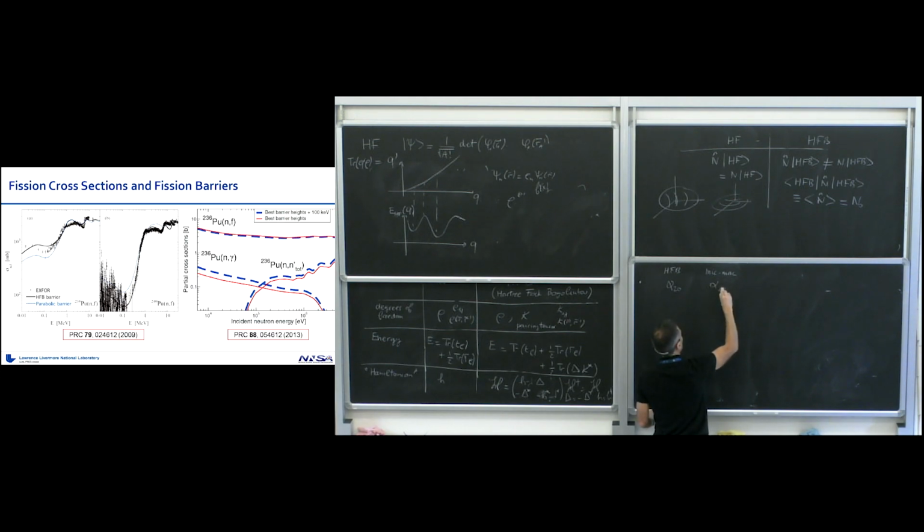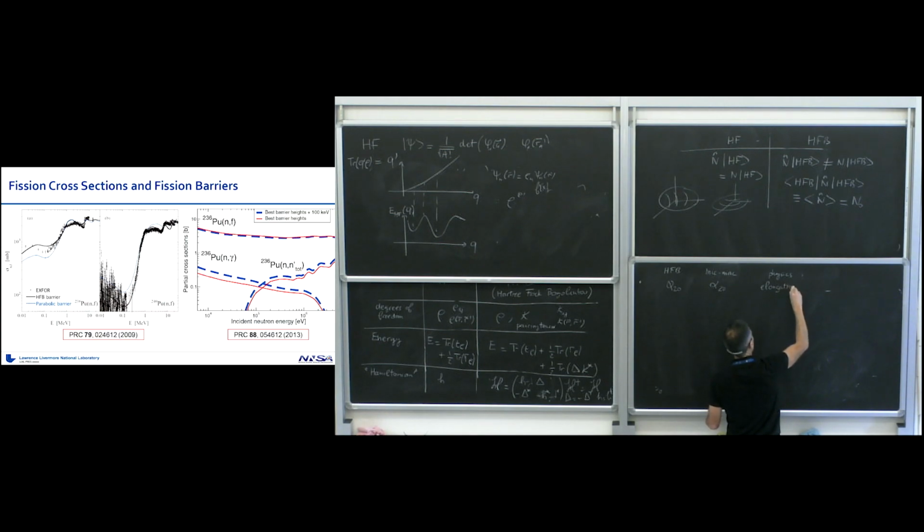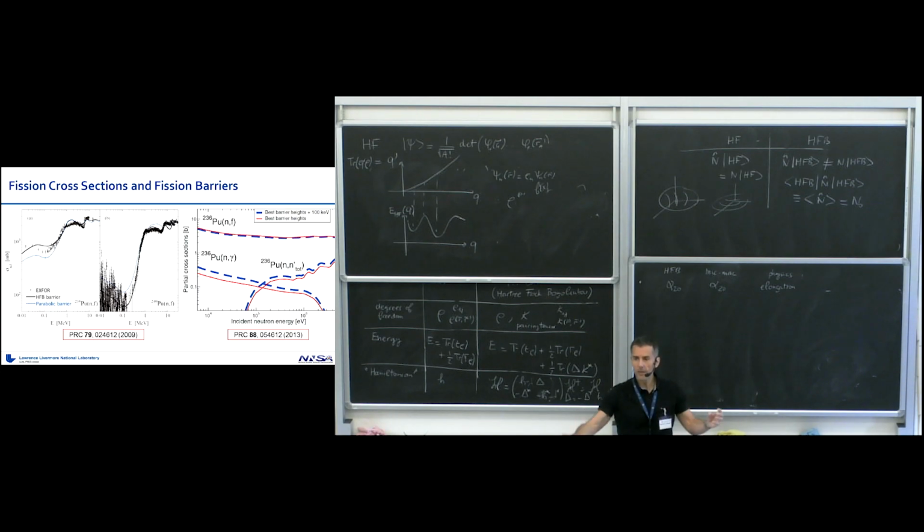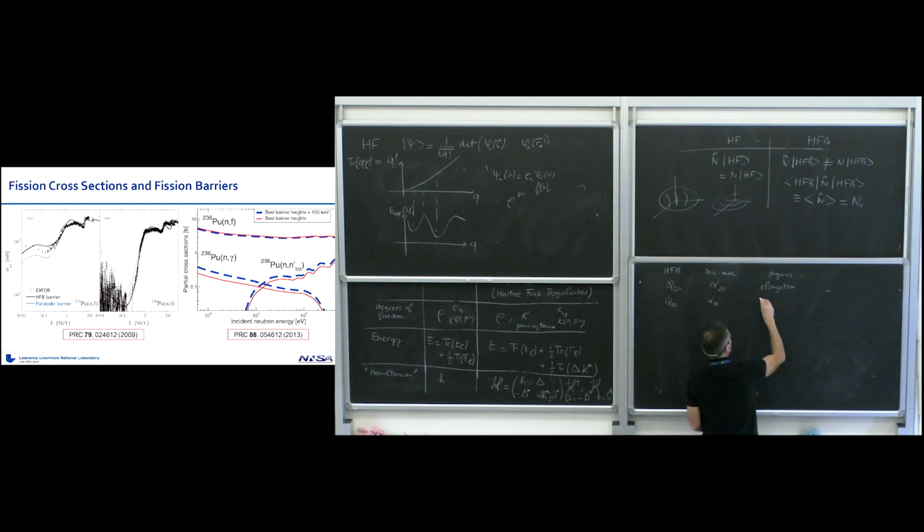This would correspond to this alpha 20 parameter. And the physics of this is that it controls the elongation of the nucleus. And since you want to elongate the thing until it breaks, you definitely need this one. We've also mentioned that Q30, which would typically be this, will control the mass asymmetry.